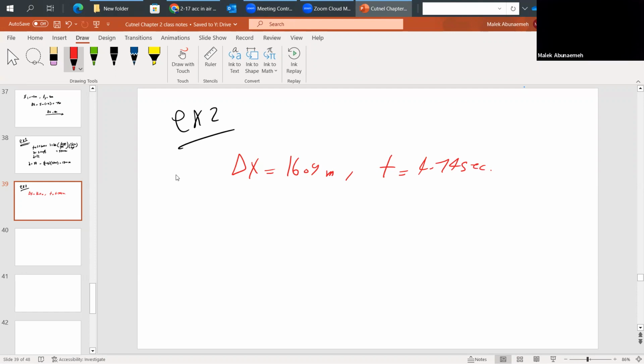Which means that the average velocity, which is your change of x over change of t, is going to equal 1609 divided by 4.74. Let me go ahead and plug it into the calculator. It'd be 339.5 meters per second.